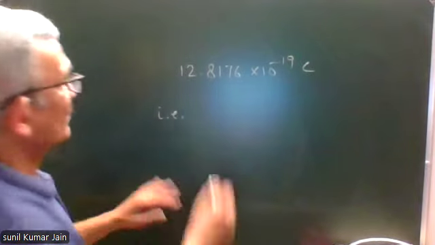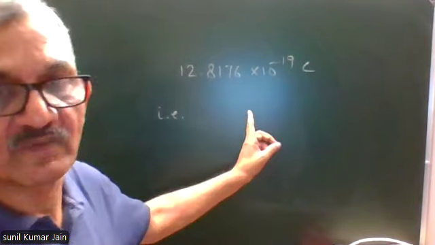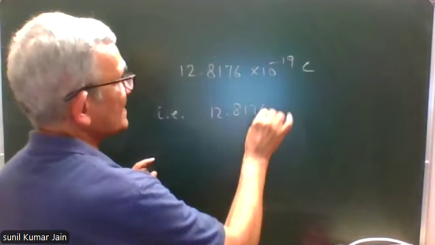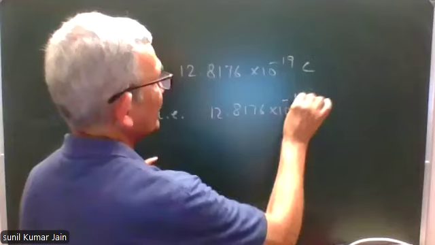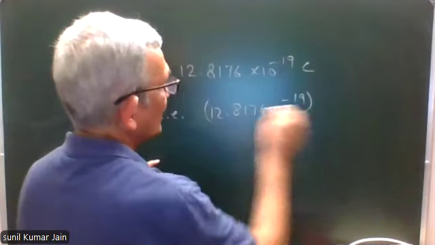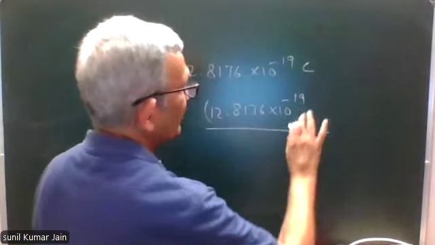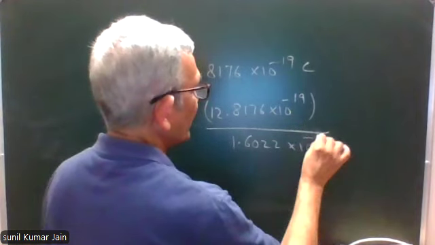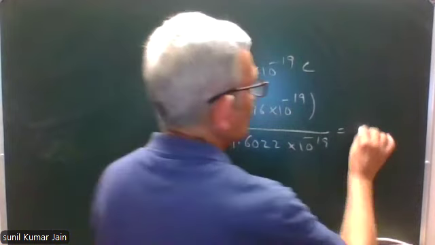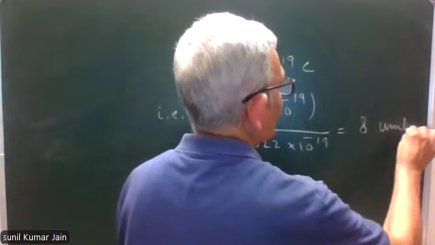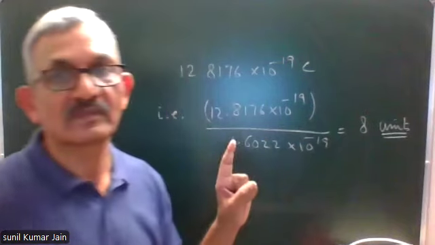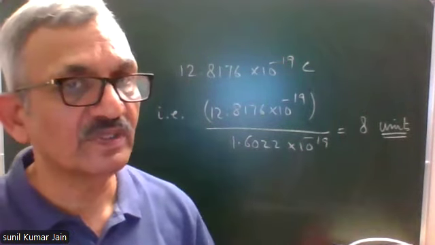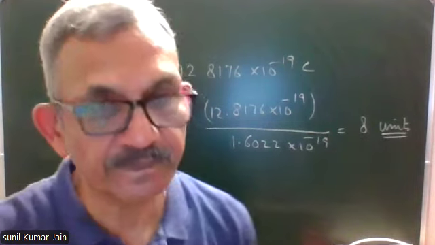Keep on copying down from the board. That is, 12.8176 into 10 to the power minus 19 divided by 1.6022 into 10 to the power minus 19 is equal to 8 units of positive charge.